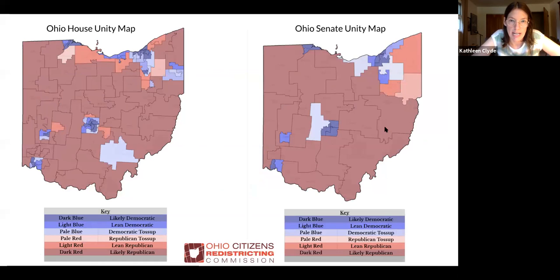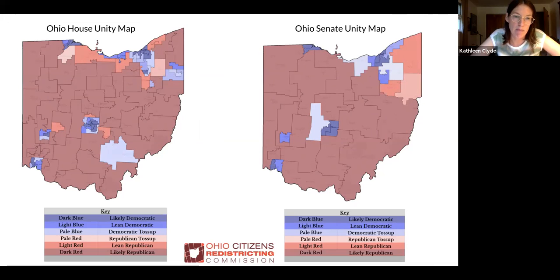So Andre, any of the maps that are lighter colors are the most competitive. And then the next shade, which is quite a bit darker, but is still fairly competitive.